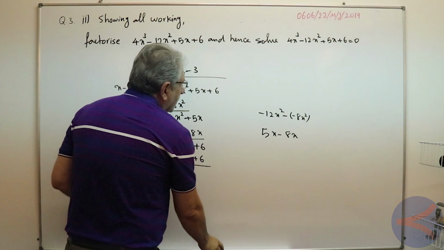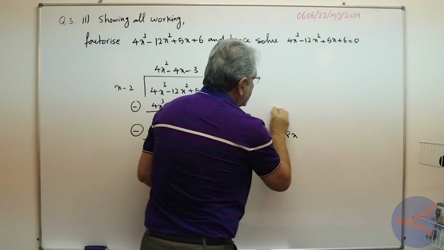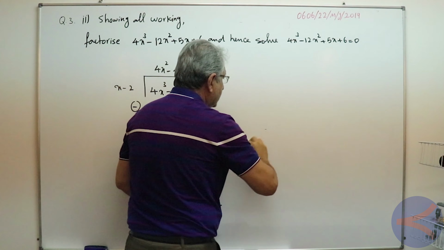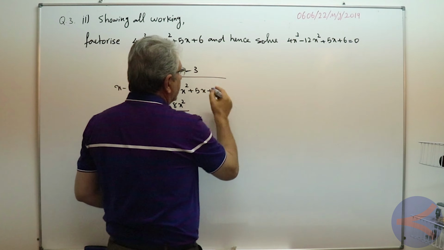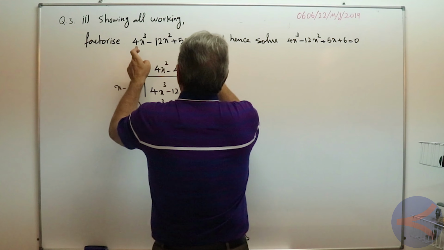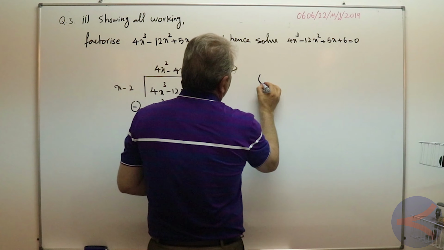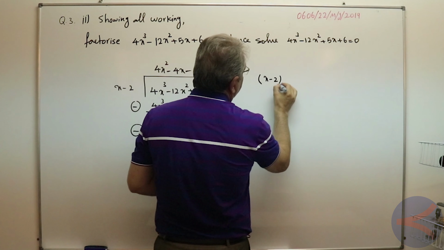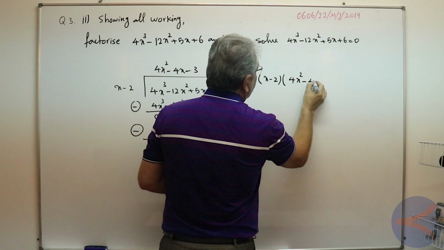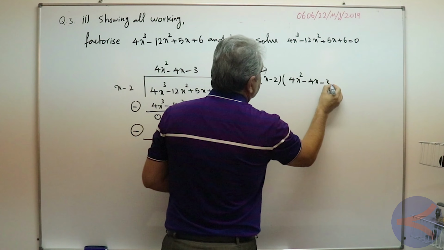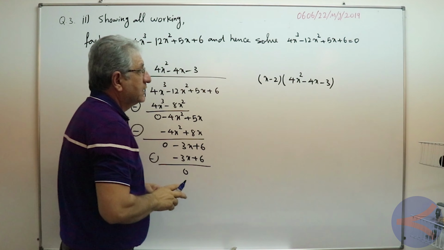Therefore our polynomial, we have factorized it, but not completely, into 2 brackets. It is equal to x minus 2 times 4x squared minus 4x minus 3. We have done up to this part.